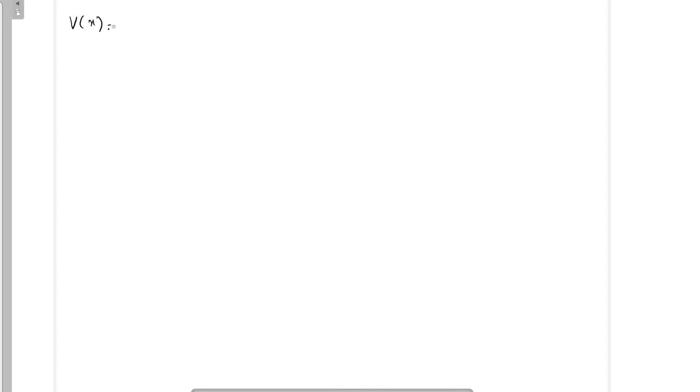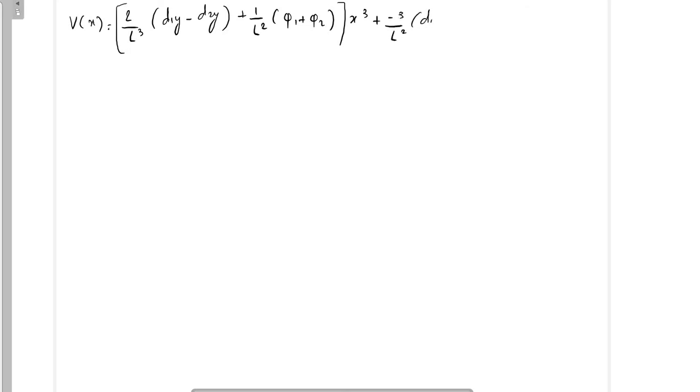Again, for easy understanding, I am writing the same equation of transverse displacement: (Φ1 + Φ2) x³ plus (−3/L² (d1y − d2y) − (1/L)(2Φ1 + Φ2)) x² plus Φ1 x plus d1y. So this is our displacement equation.